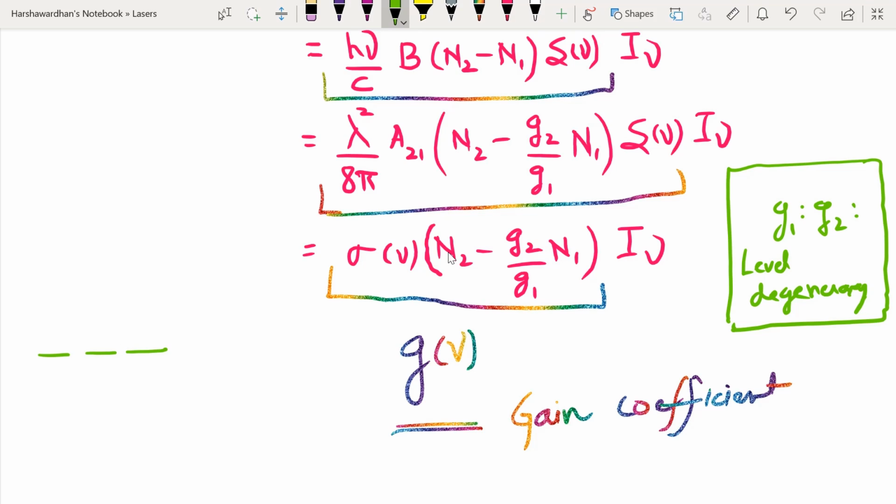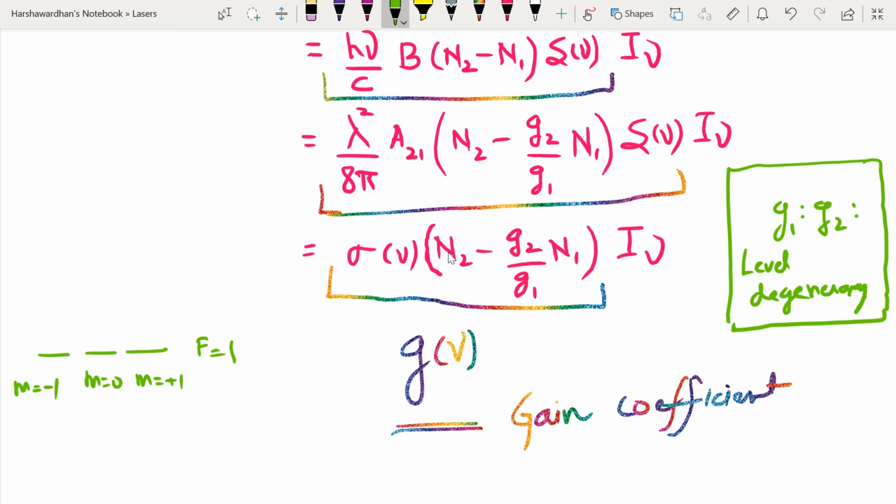Without going into too much detail of quantum mechanics, imagine that this was the F equal to 1 state, where F is the total quantum number, including the nuclear spin. One has to add up the total angular momentum arising out of orbit, the spin, and the nucleus. Imagine that this is the state corresponding to F equal to 1, then there will be three degenerate states, which correspond to m equal to 0, m equal to plus 1, and m equal to minus 1.